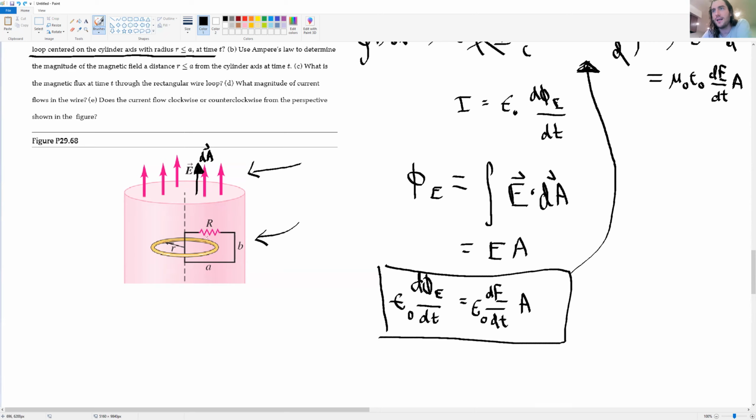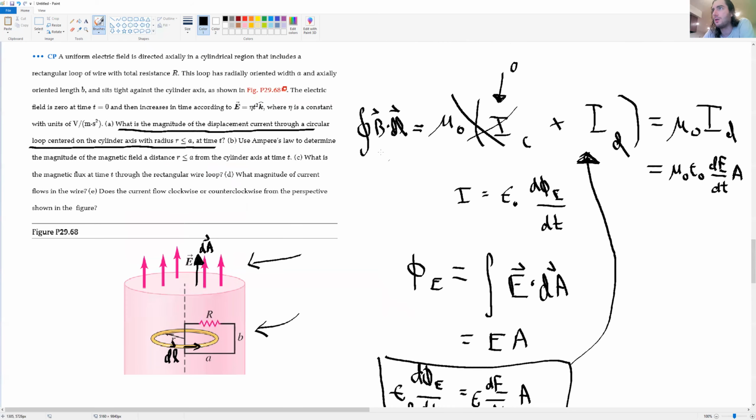So let's back up, let's clean up the drawing a little bit. So dl right here would be in this direction. And going around that loop, if we view it from above, it would be going around counterclockwise. So when I go to compute Ampere's law here, dl is going to be that of a circle, right?